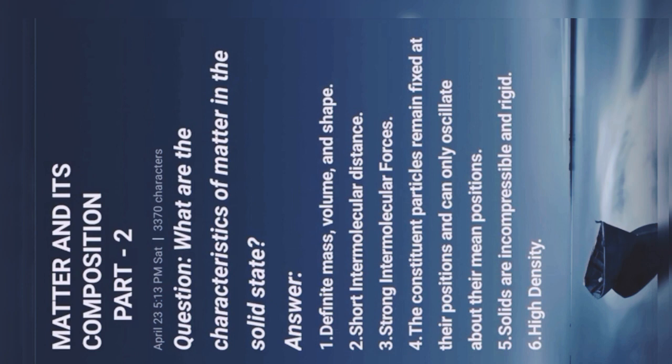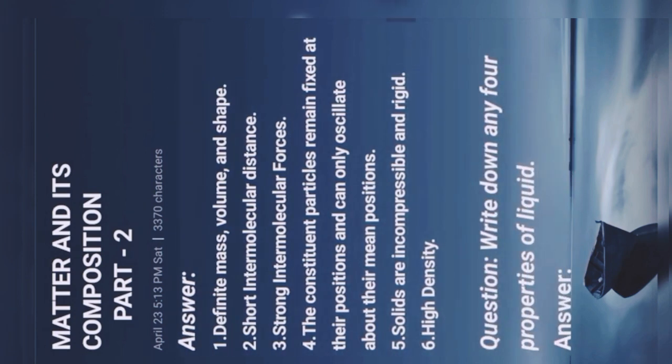Fourth point: the constituent particles remain fixed at their positions and can only oscillate about their mean positions. Point 5: solids are incompressible and rigid. The last point, the 6th point: high density.